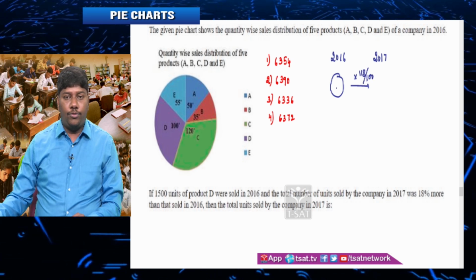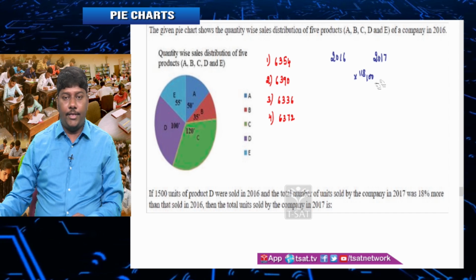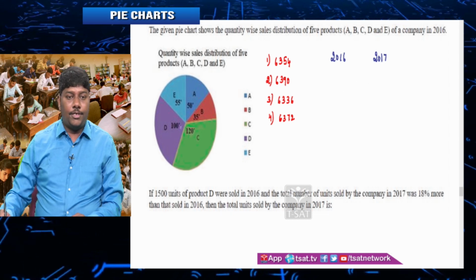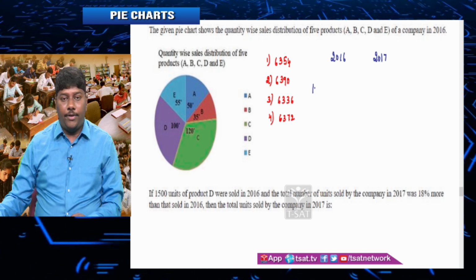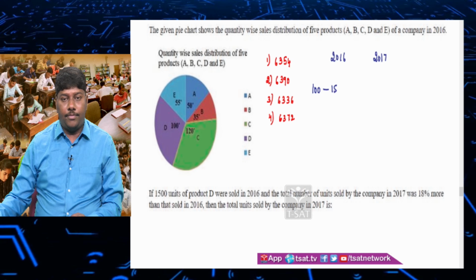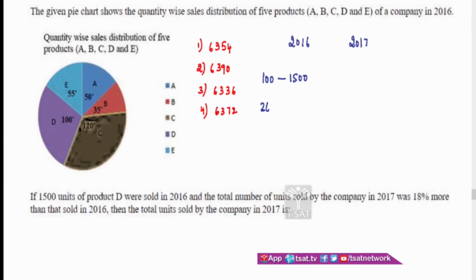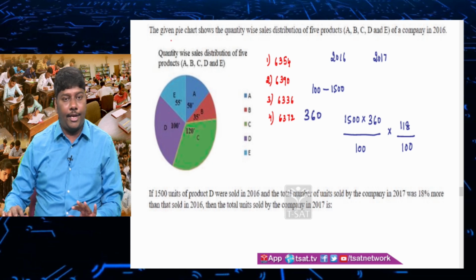Now how do I find out the total in 2016? That is simple. 100 degrees is given as 1500. If 100 degrees is 1500, then what is 360 degrees? So that is 1500 into 360 divided by 100. This is the total data in 2016, and you are increasing it by 18%. This is the total data in 2017. In one single equation, I am writing everything here.